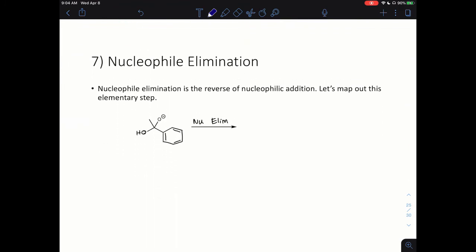So let's take a look at this reaction. This is a slightly different molecule than we just looked at, and that's fine. And it can undergo a nucleophilic elimination. So let's think about how that might happen.